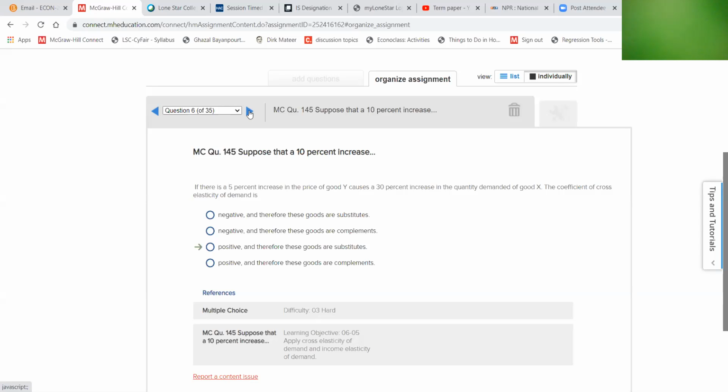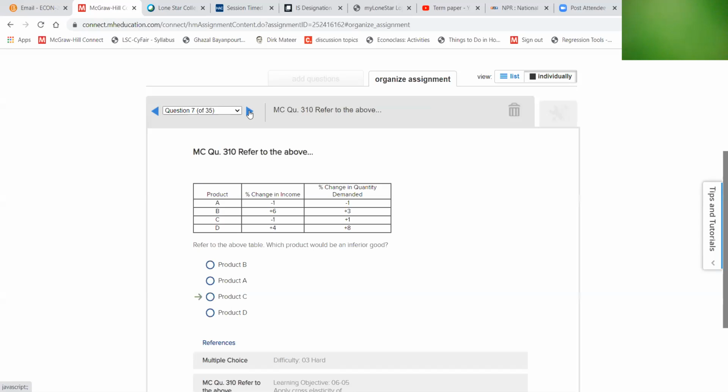So the sign of cross elasticity is also positive, so X and Y are substitutes. If the sign was negative, then the cross elasticity would tell you that X and Y are complementary.